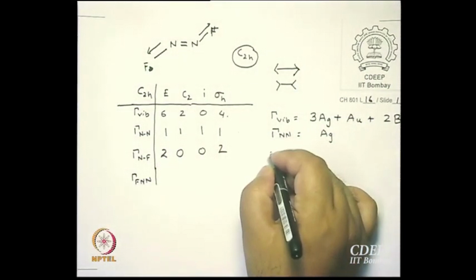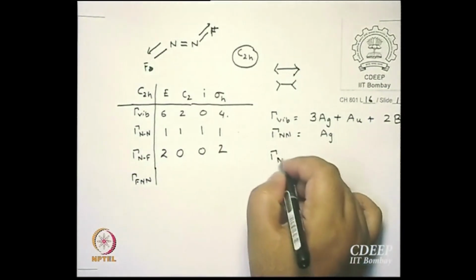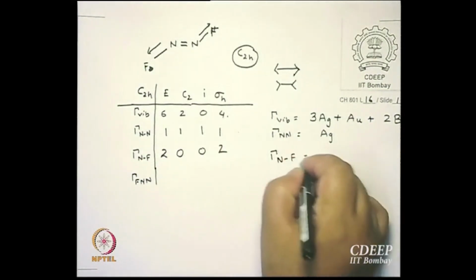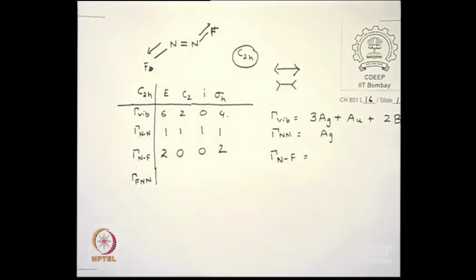So now you can break that down and you can tell me what is gamma NF. You know how to break this down? a_i equals 1 by h sum over the operations of chi times chi_i. Using that, you work it out, decompose it into constituent irreducible representations and tell me what you get.